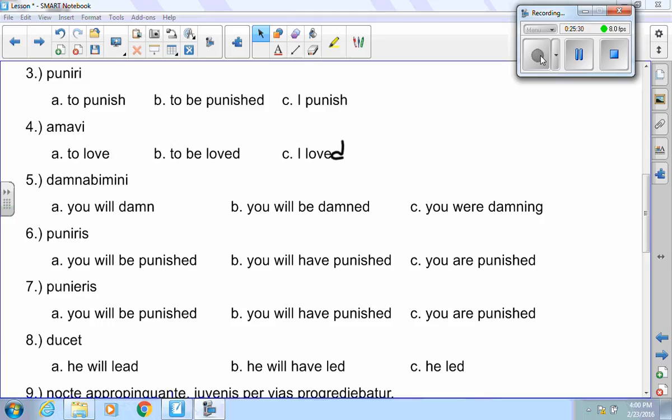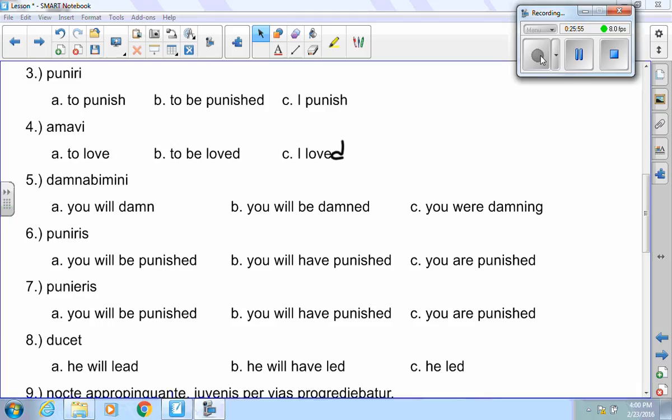They're going to try to trick you with the future, like on number 7. Eris, is that future perfect? No, Coach Trammell, it's not. It does not use the perfect stem. It uses ERI, but it does not use a perfect stem. So that's RIS at the end, with the E as a sign of the future. Make sure when you see the ERI, don't assume that it is the future perfect.